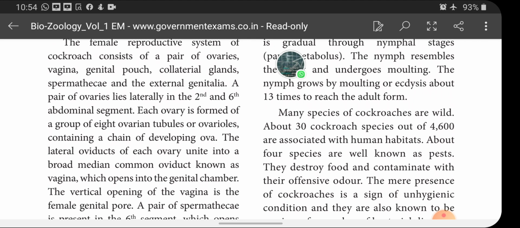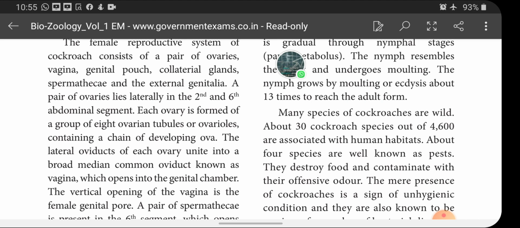Each ovary is formed of a group of 8 ovarian tubules or ovarioles containing a chain of developing ova.